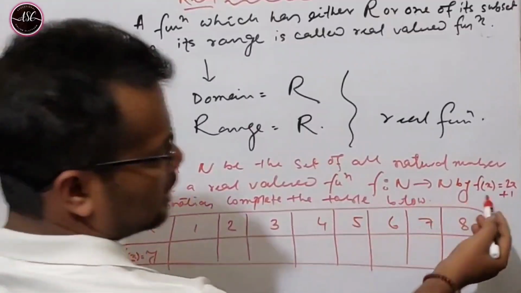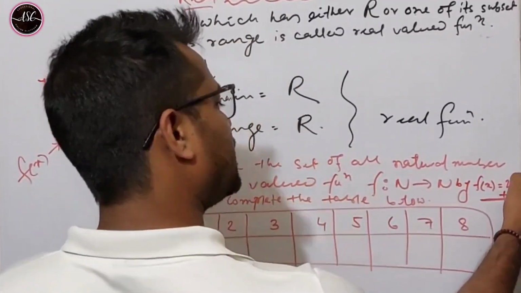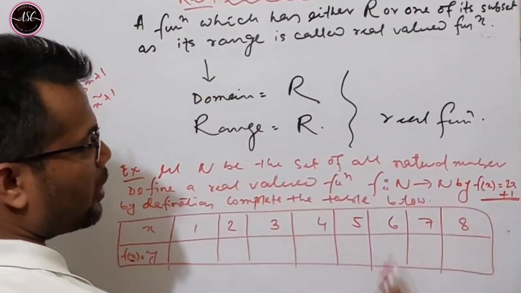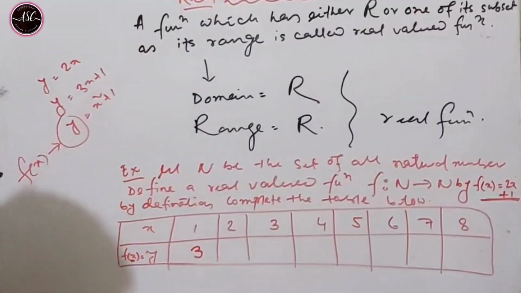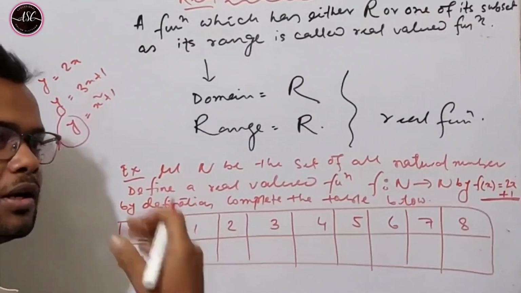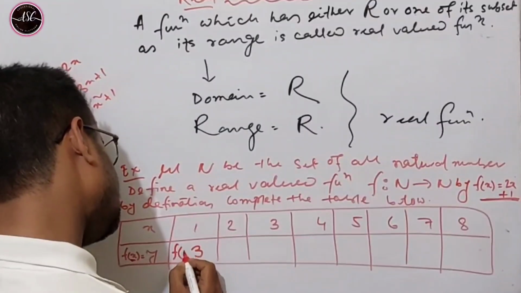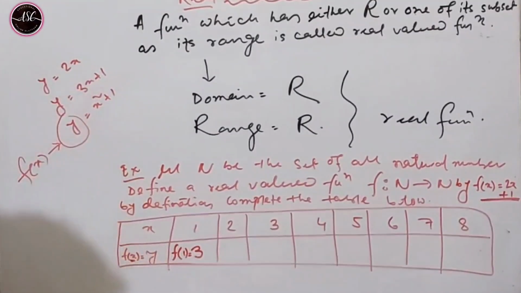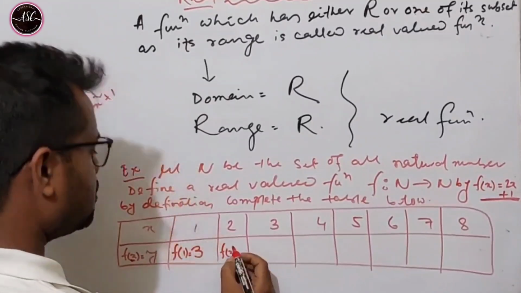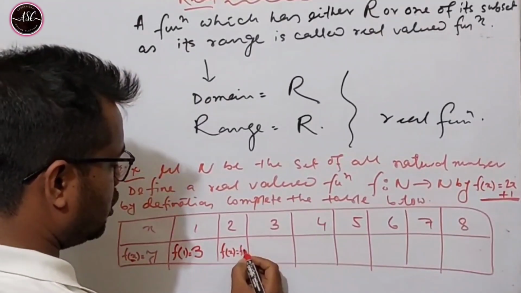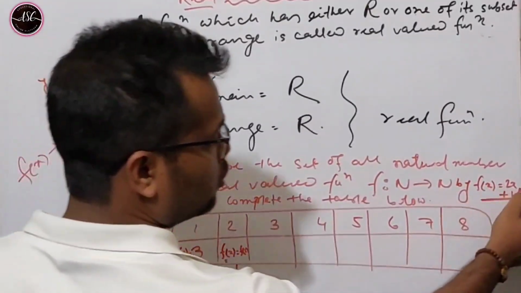Then if x equal to 1, just put the value of x in this equation. We get, if x equal to 1, then we get 2 plus 1 equal to 3. Okay, then y equal to 3. That means f(x) equal to 3. So this is f(1), the value of f(1). Okay, then if we put x equal to 2, then we get f(2) equal to 5.